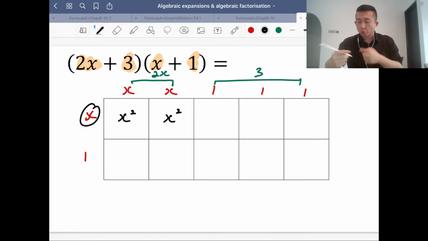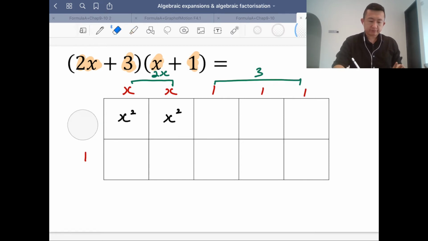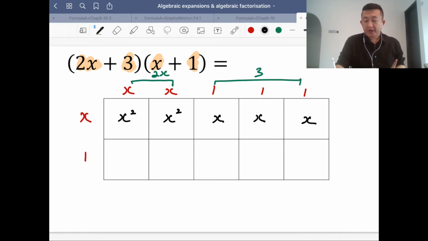And then you follow. So x and 1, x and 1, x and 1. So x multiplied by 1, you have x, x, x. The second row: 1 multiplied by x, 1 multiplied by x.